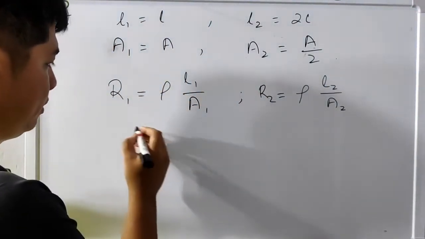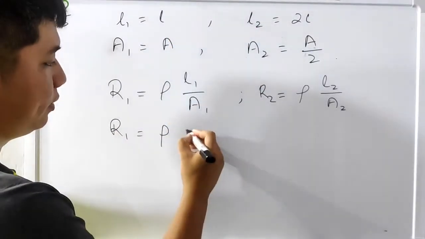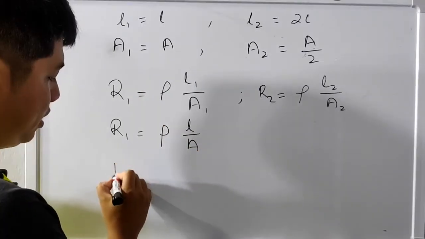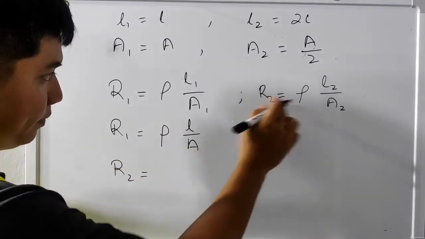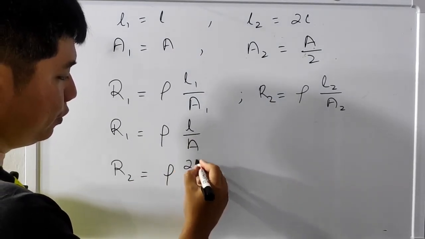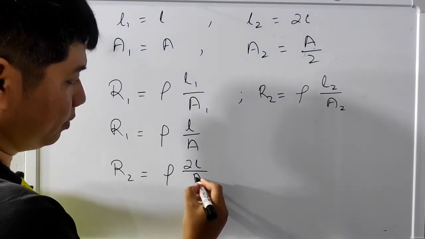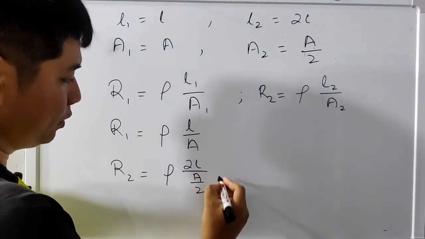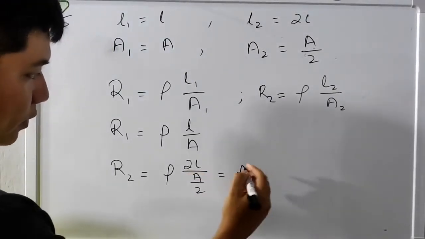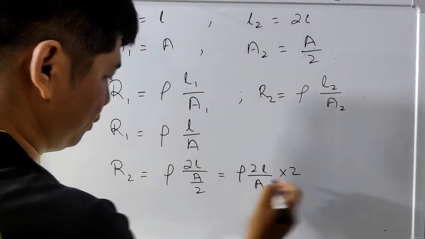Before that, R1 is rho, L1 is L, A1 is A. R2 is rho, L2 is 2L, A2 is A by 2, and it is rho 2L by A into 2.